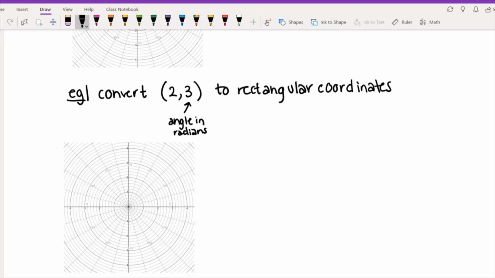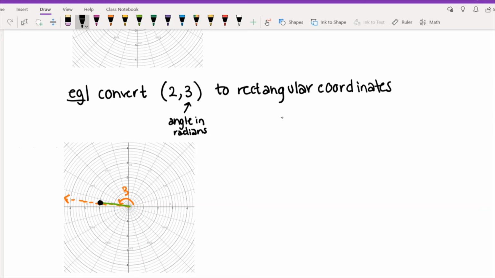Well, it's really close to pi, right? 3.14 would be pi, so 3 radians is going to be very close to horizontal, something like this. So this would be the angle of 3 radians. Then we go a distance of 2 along that same angle, and that gives us our point here. This is the point we're trying to translate into rectangular coordinates.